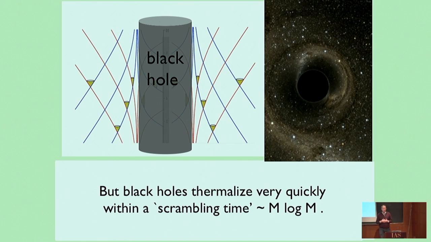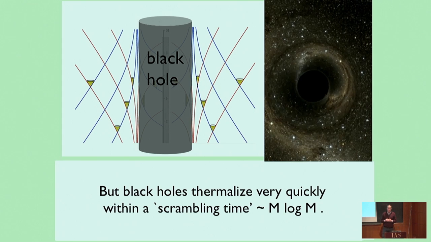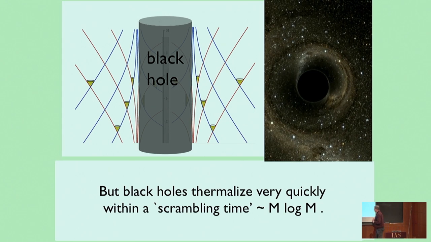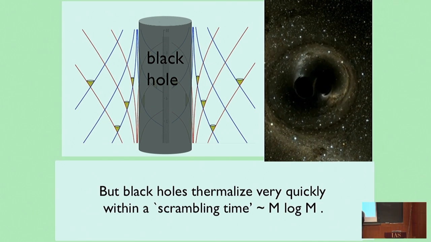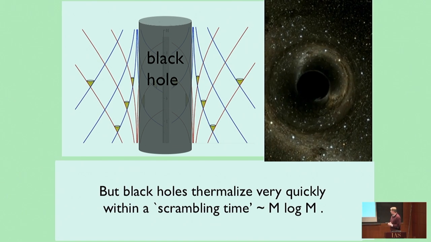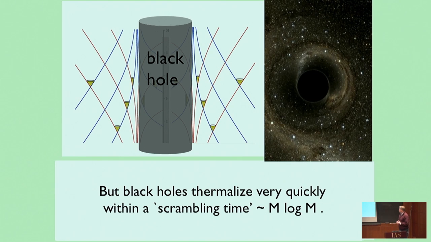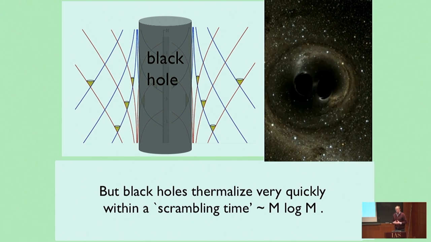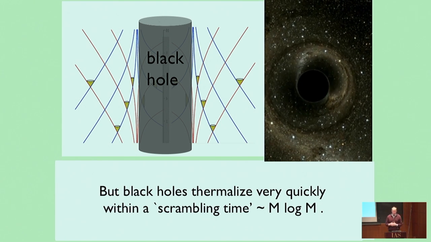And there is the law that this thermalization for a black hole happens very quickly in the scrambling time, which was identified a number of decades ago as a characteristic time where the physics of black holes becomes basically non-perturbative in some ways.